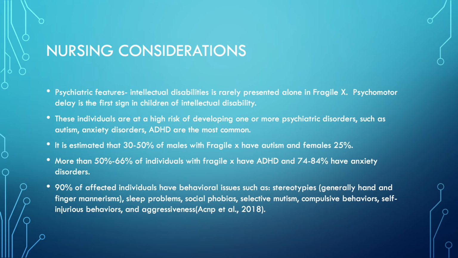More than 50 to 66% of individuals with Fragile X have ADHD and 74 to 84% have anxiety disorders. 90% of affected individuals have behavioral issues such as stereotypies, generally hand and finger mannerisms, sleep problems, social phobias, selective mutism, compulsive behaviors, self-injurious behaviors, and aggressiveness.